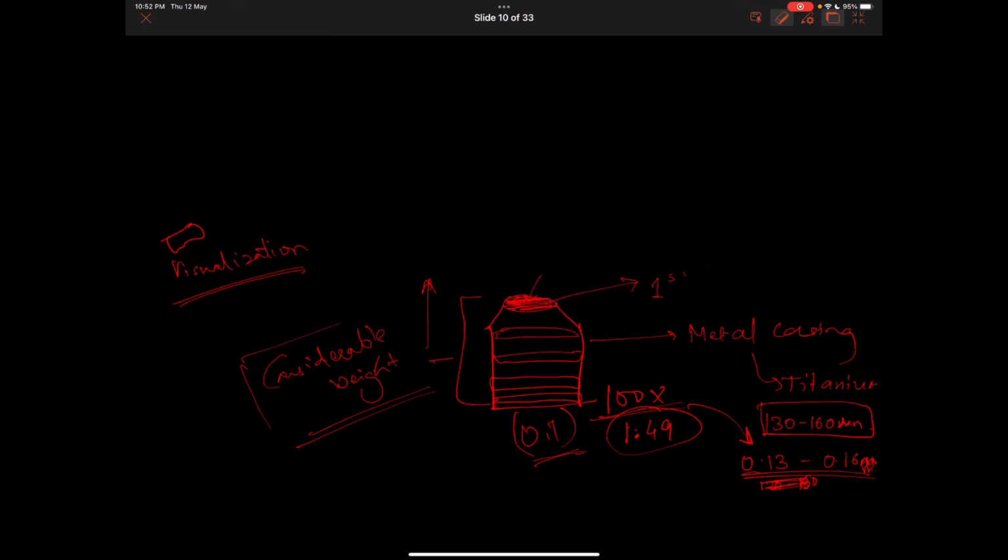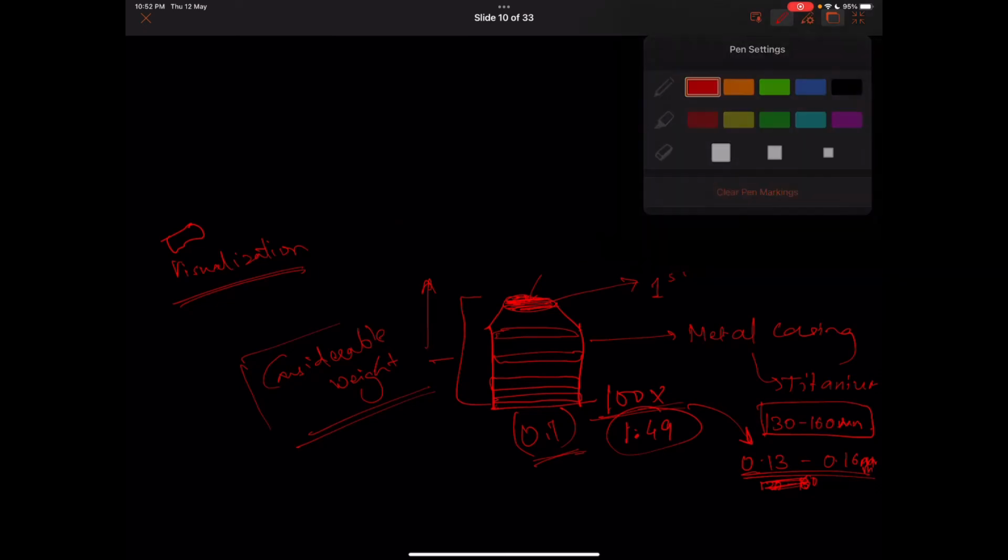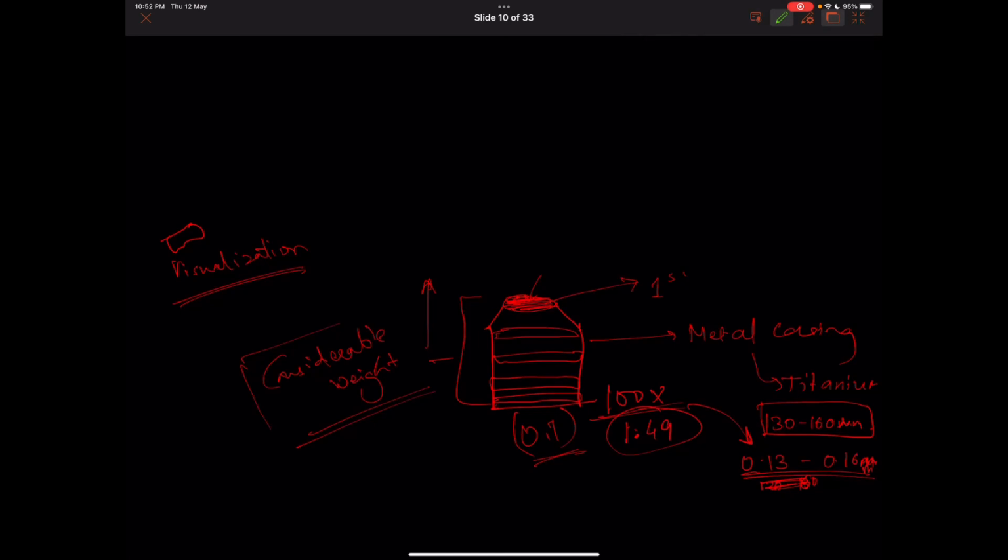Let's suppose we actually focused our objective, and we are going to now draw our sample and how it will be in close contact, right? So let's say this is a situation and your objective is in close contact with your sample, and the sample is, let's say, a fixed sample which is mounted with the cover slide, and in between you have sample plus your mounting media.